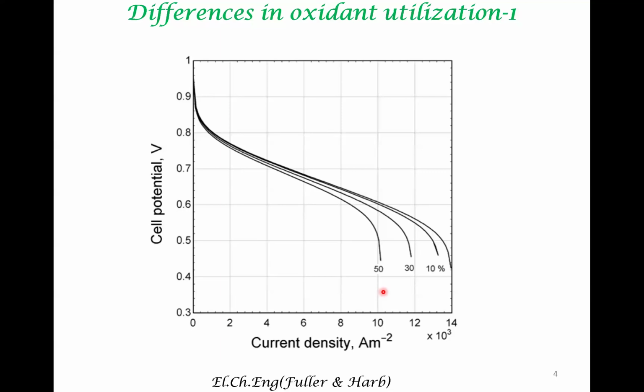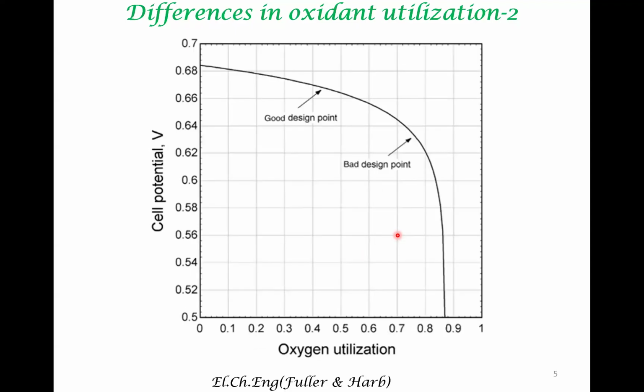Therefore, the current density you can obtain is lesser, and at a lesser current density, you are automatically in the activation overpotential or transport overpotential region. So here, your potential losses are greater. You do not want to be operating in any of these regions.